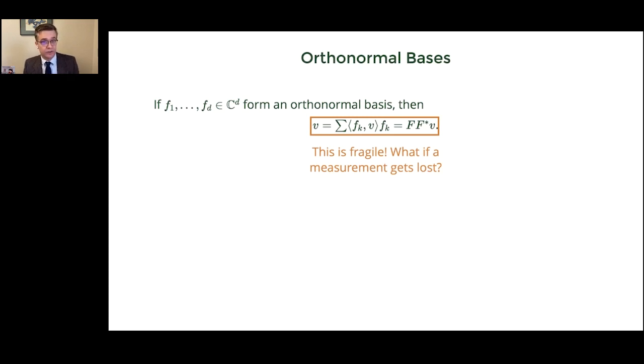So what happens if I lose some of my dot products? Well, if I just have an orthonormal basis, I'm in big trouble because that means I have no way of getting back to my original vector. So this is a little bit fragile if you just use an orthonormal basis.